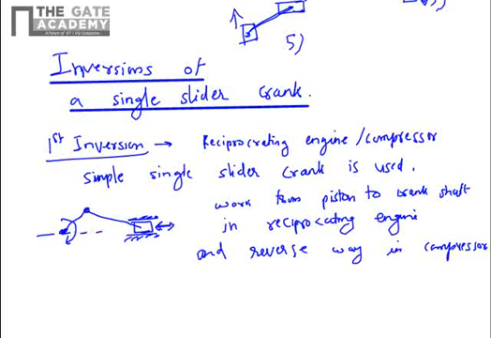You have two varieties of this first inversion. One variety, the axis of piston passes through the center of the crank. So this is called inline slider crank.